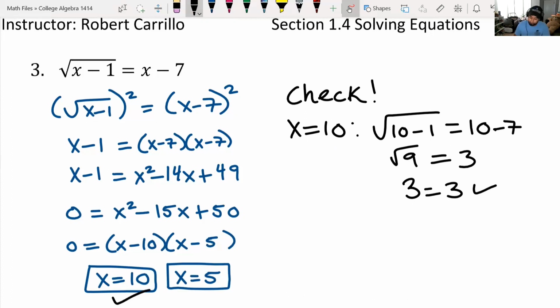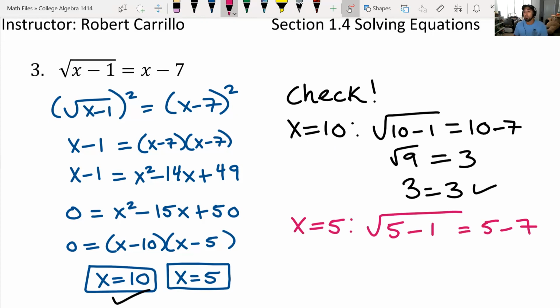Now we have to check 5. So plug in 5, check it. Square root of 4 equals negative 2. Okay, so this should catch your eye already, because any number you take the square root of, should anything come out negative?